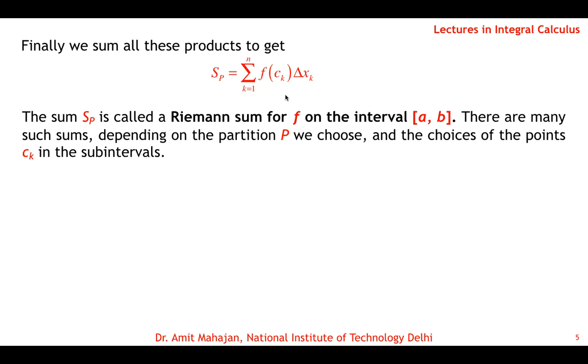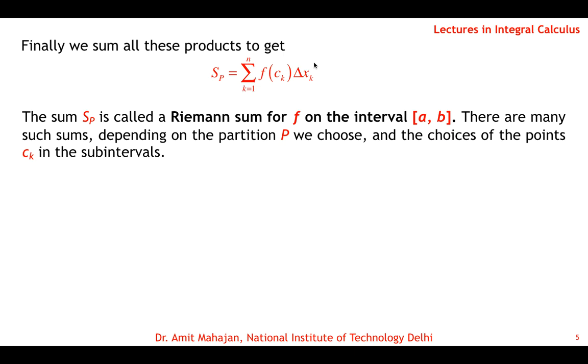When the subintervals have equal width delta x, we can make these subintervals thinner by increasing n. So when n becomes large, that means the number of partitions increases, and if all the subintervals are of equal width, then when n grows large, delta x becomes smaller and smaller.